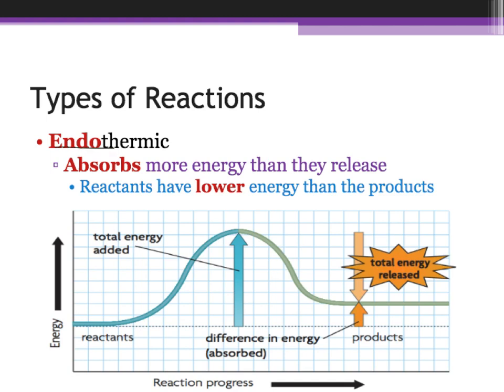The endothermic reactions are going to absorb more energy than they release because the reactants have lower energy than the products. If we look here, here's our activation energy, and this line now ends up being above where our reactant started. So the reactants have lower energy than the products. By lower, we mean they're lower over here than the products over here. That is endo.